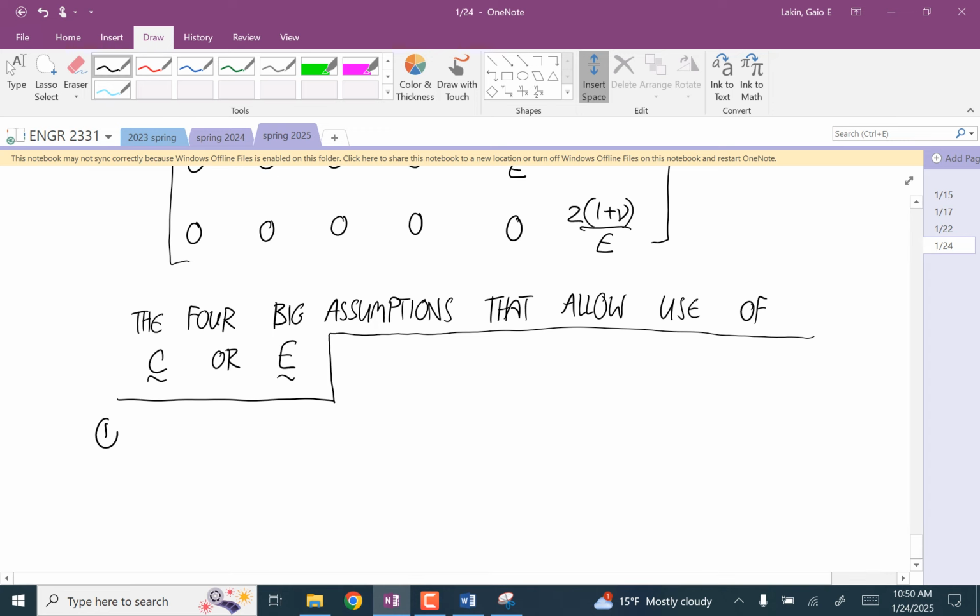The first one is small deformations. This never works if you have big deformations. And to us, small deformations means strain values less than around 1 times 10 to the minus 4.